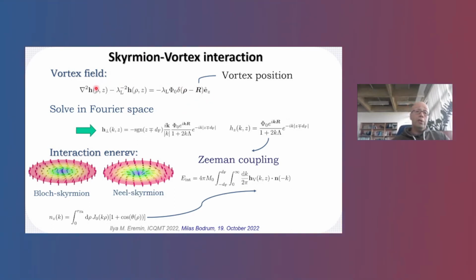And these vortices have a profile, and of course the profile of this vortex field will start to interact with the profile of your skyrmion magnetization. So essentially, assuming you're in the regime where there are individual skyrmions or skyrmion lattices, and you have a vortex lattice, you start to interact by virtue of this interaction.